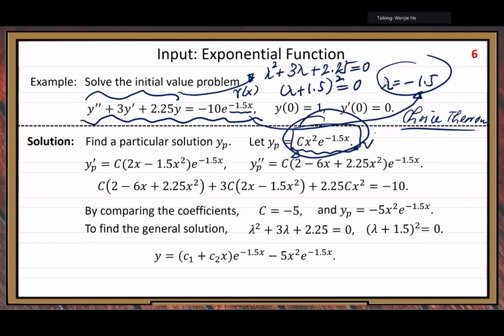First factor we consider: lambda has this root negative 1.5 that equals the E function here.